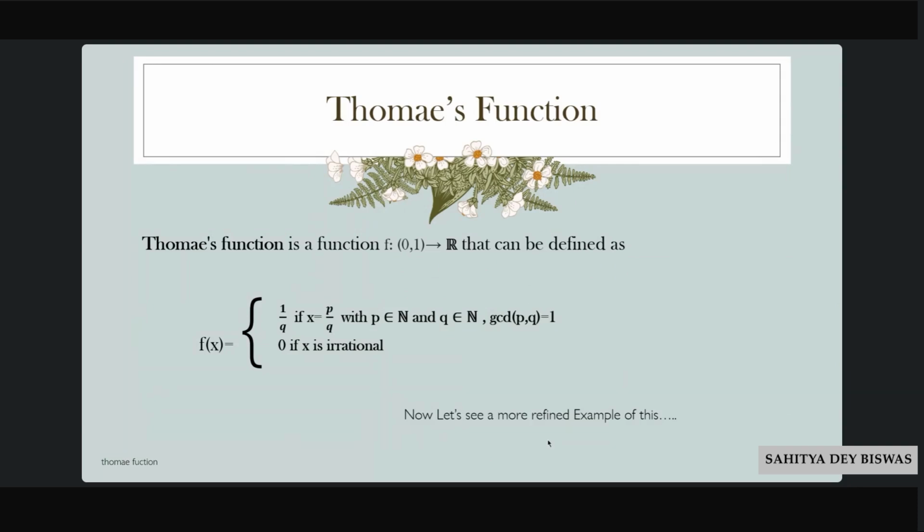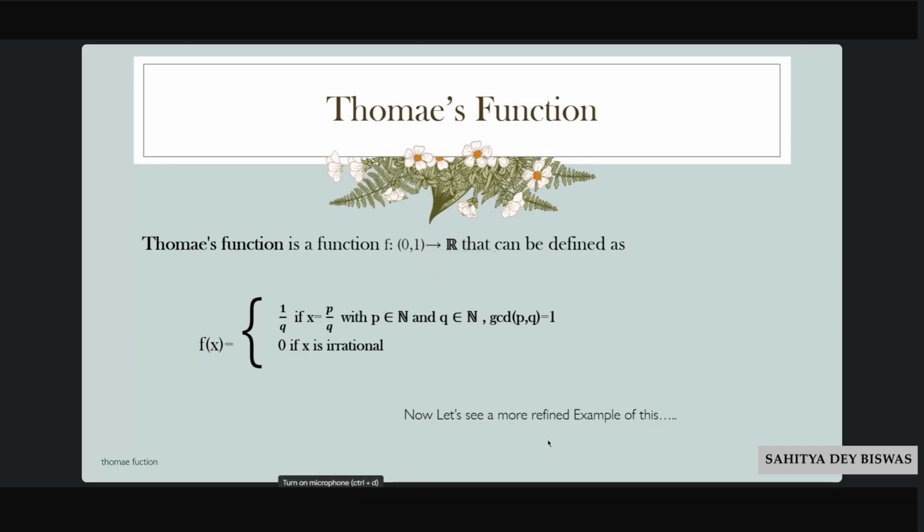So if your function contains zero, will it be continuous at zero? If it contains 0, then I cannot write it in p by q form, because the definition says that the functional value is 1 by q if the gcd of numerator and denominator is 1.